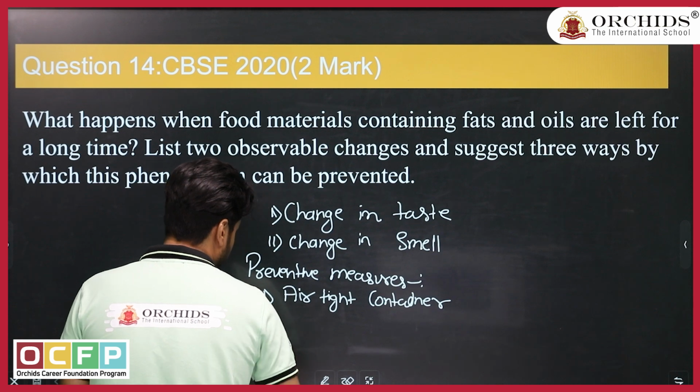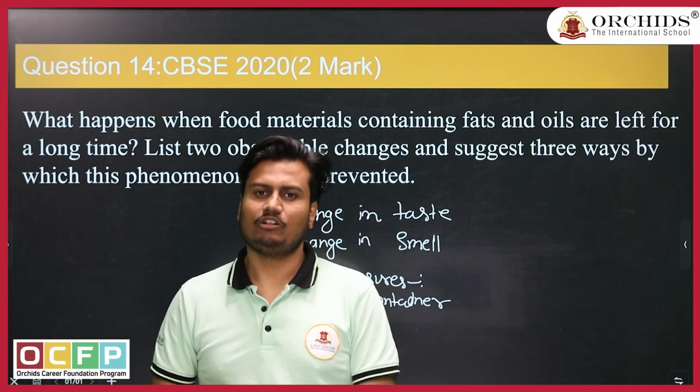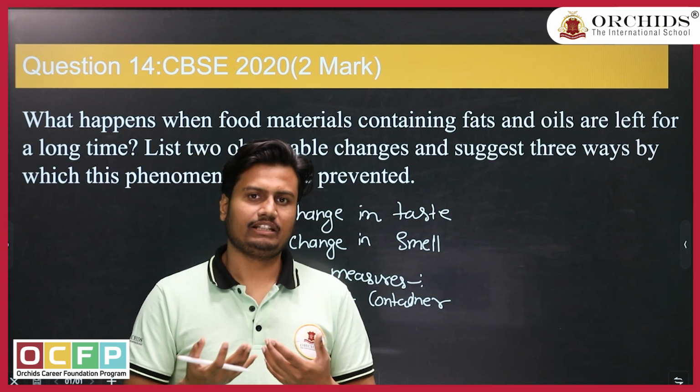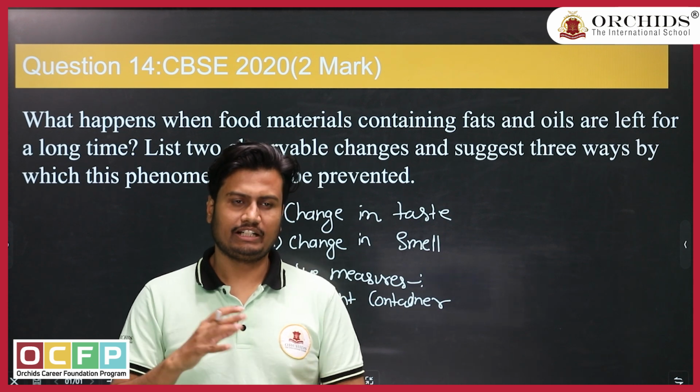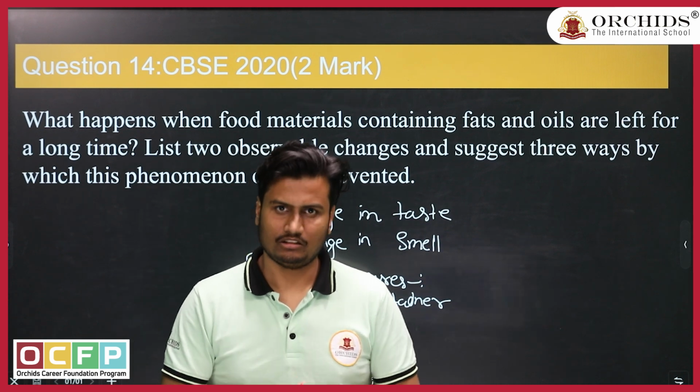Our second option, what do we do to store our oily and fatty food? We refrigerate them. We can decrease the temperature, put it in the refrigerator so that it lasts a little bit longer.